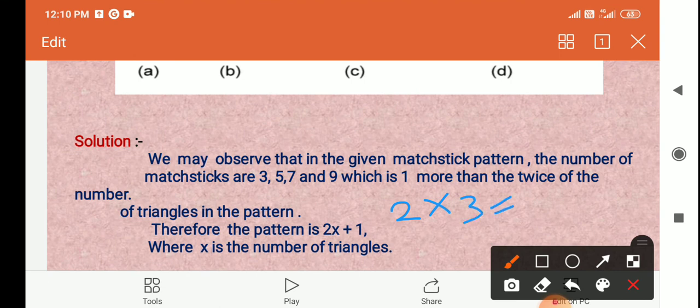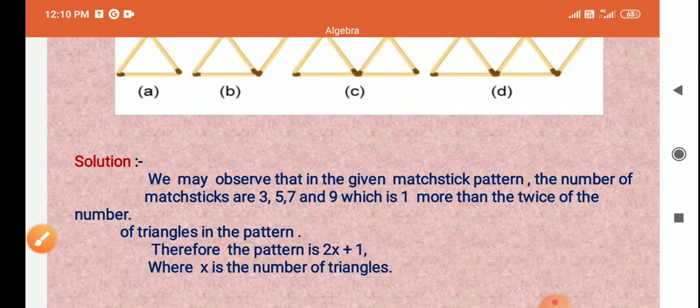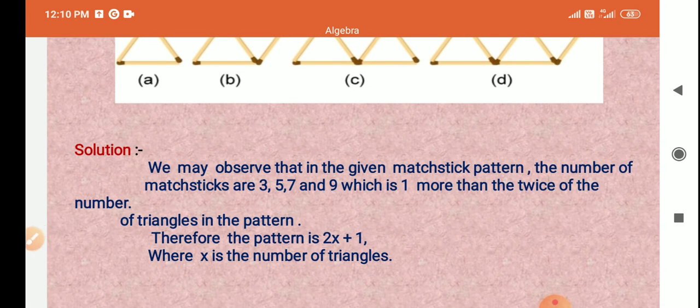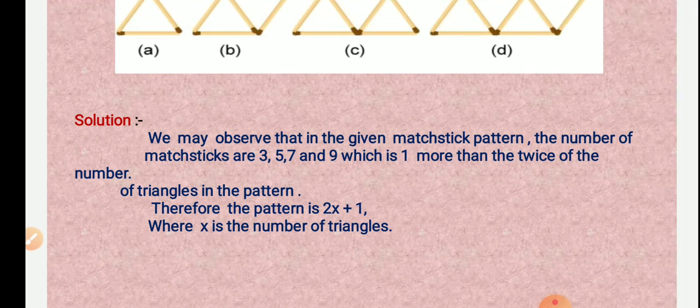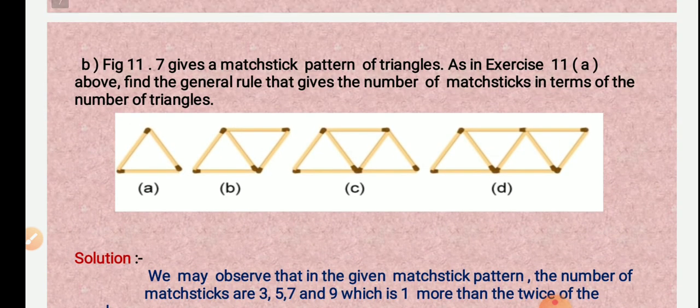So 3 multiplied by 2, 3 twos are 6, 6 plus 1, 7. Means for 3 triangles we need 7 matchsticks. In this way we get the pattern 2x plus 1. That is the rule for this pattern. So we have solved all the questions given in exercise 11.1.